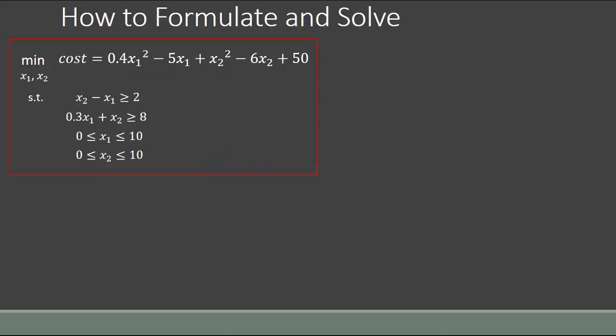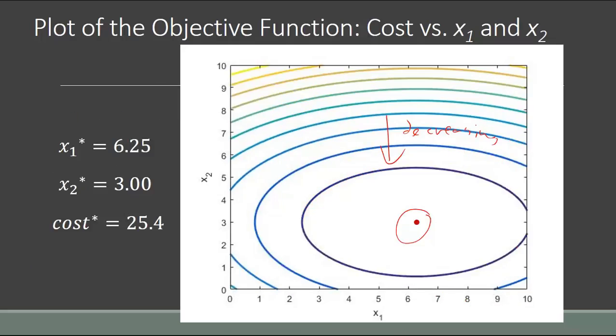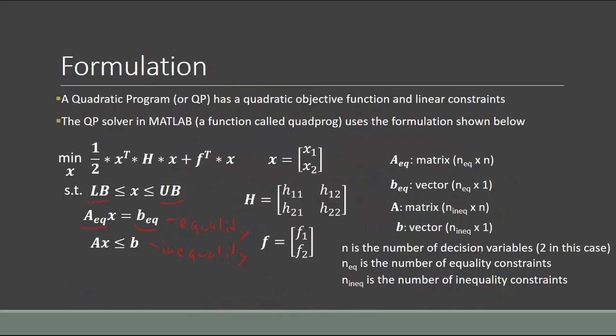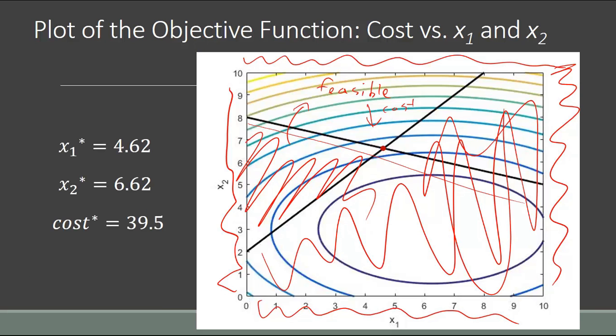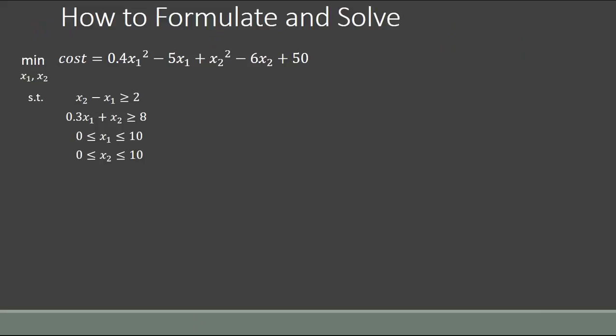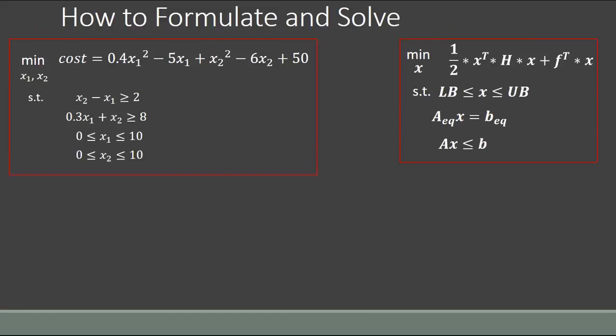So first of all, if you'll remember, the basic formulation required that our inequality constraints have this less than term. Actually, the way our problem is formulated, these are both greater than constraints. So we need to flip those around and make them less than or equal to constraints. And we need to get it into this matrix form.